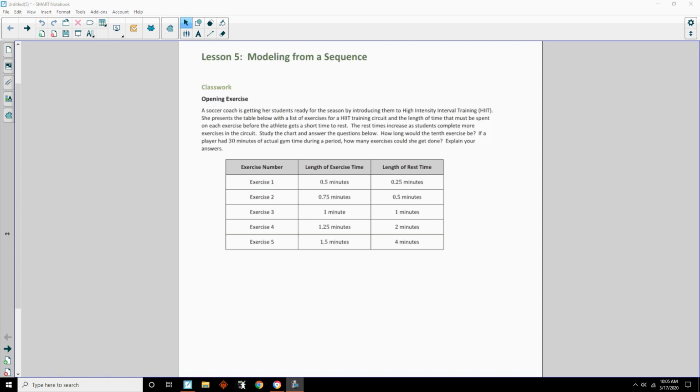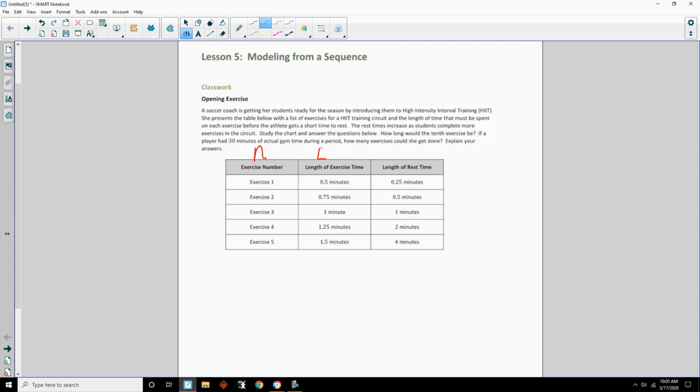Okay, so the first thing we need to do is determine the quantities and variables that are needed to solve this problem. They're both related to the number of exercises. So I would start by naming the number of exercises n. If n is 1, it's exercise 1. If n is 2, and so on. Then we have exercise time and rest time.